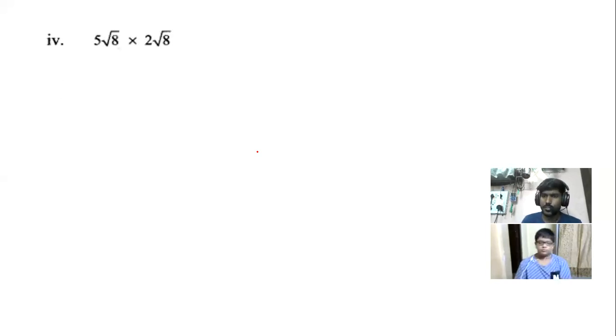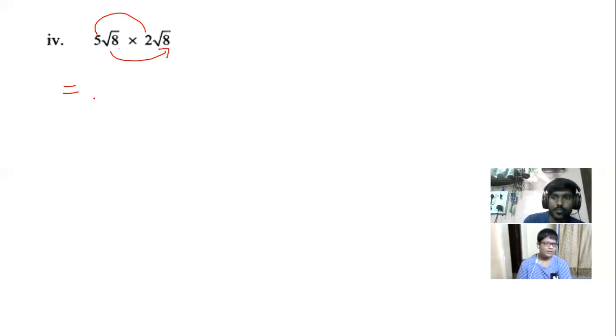Can you do this one? We'll stop after this one. 5 root 8 into 2 root 8. Okay, I'll give you one hint, one easy way. First multiply this 5 and 2, and directly take root 8 and root 8 together.